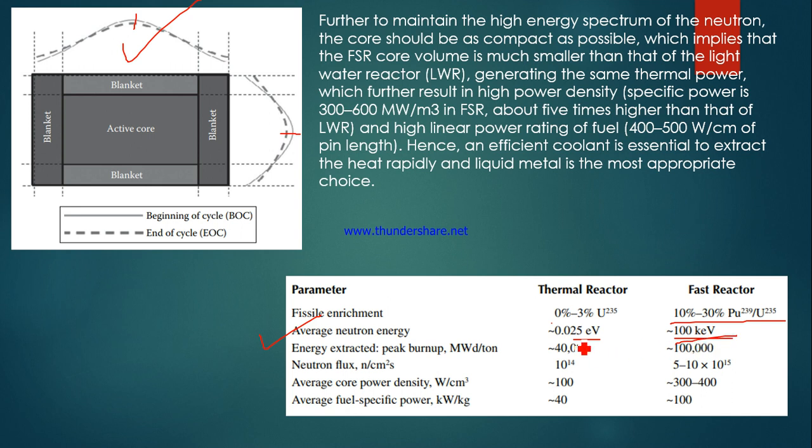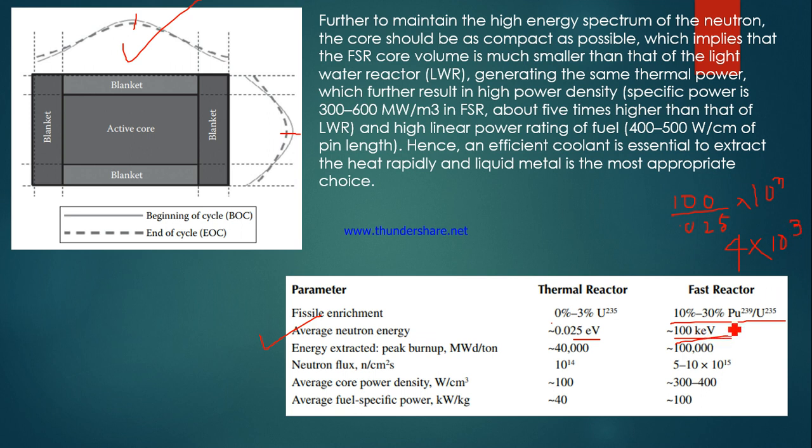How much? 100 divided by 0.025. 0.025 means 10 to the power minus 3, okay? Then this is 4, which means 4 into 10 to the power 3 times higher.